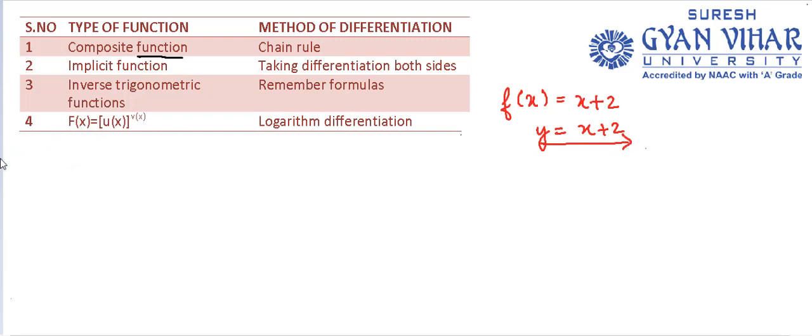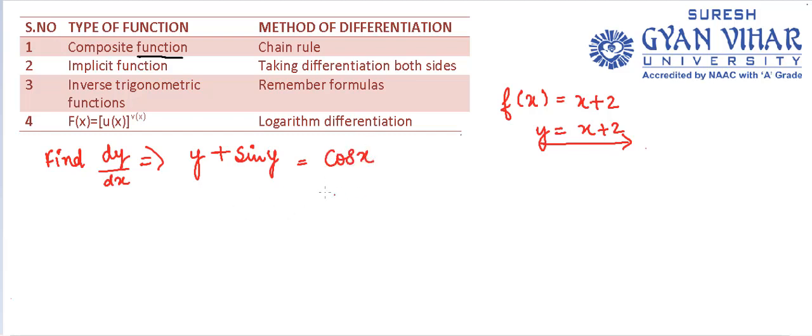But what if it is given as: find dy by dx of y plus sin y equals cos of x. This is an implicit function because it is not given as y equals, it's not in the standard format. So how are you going to solve this?